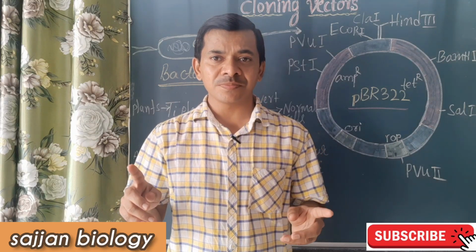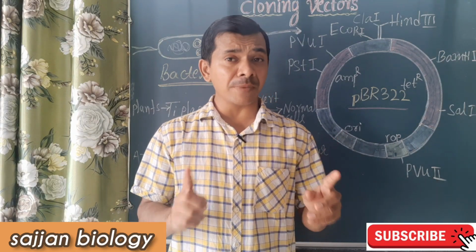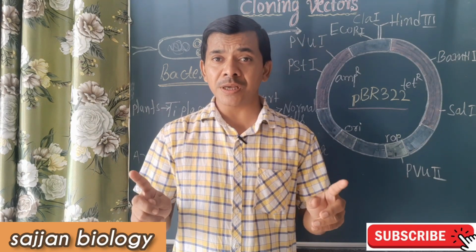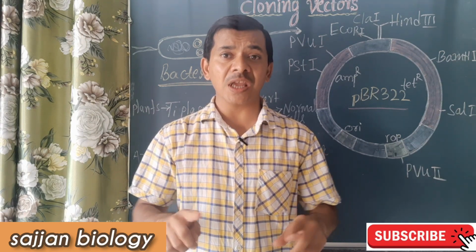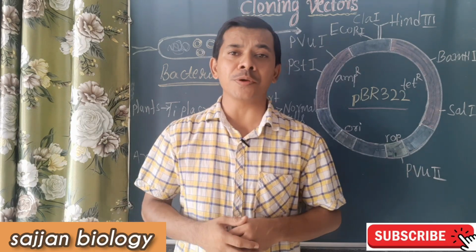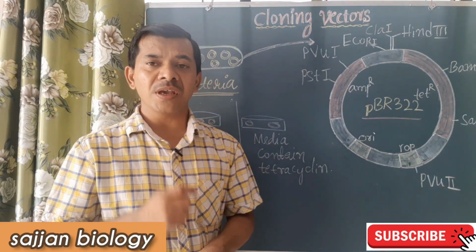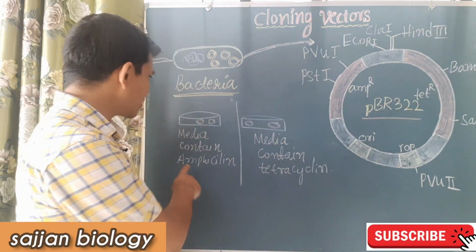Once the beta-galactosidase is inactivated, it produces blue colored colonies. If the plasmid does not have any insert, it does not produce any such colonies. I hope you understood.